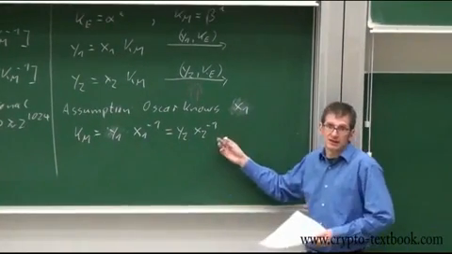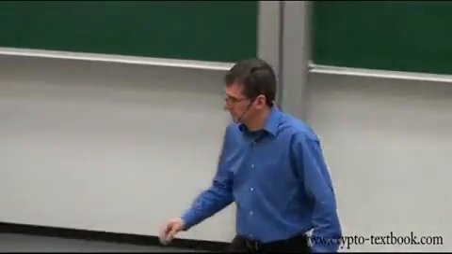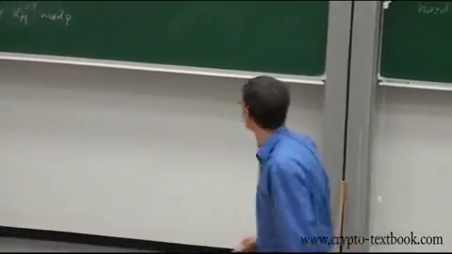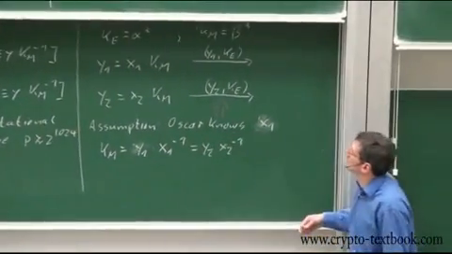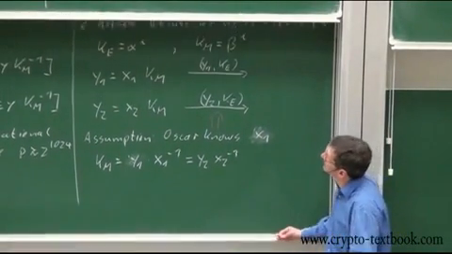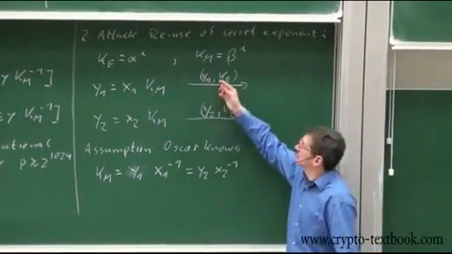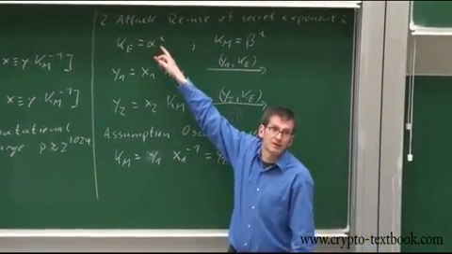And that's the problem here. So Oscar sees KE is the same, so what he concludes is that the secret exponent is the same.